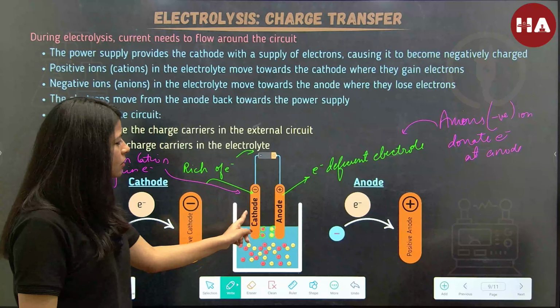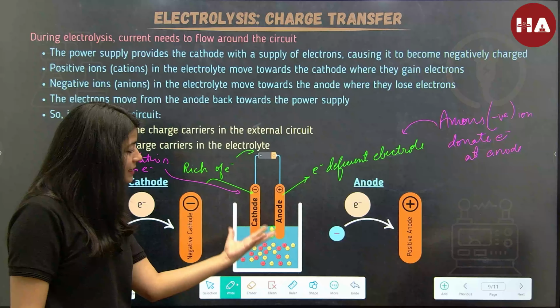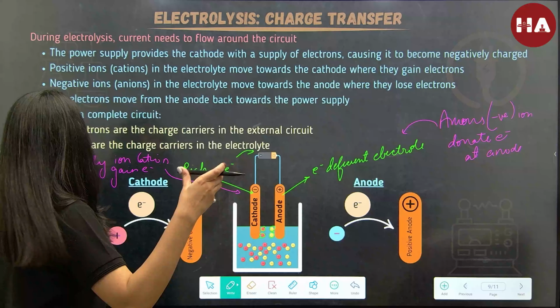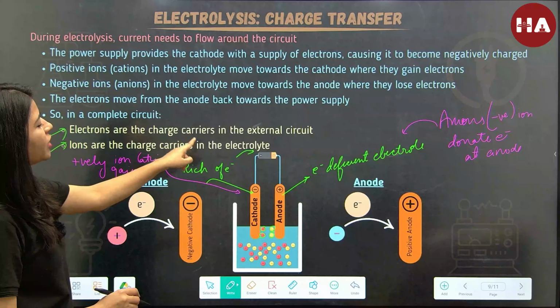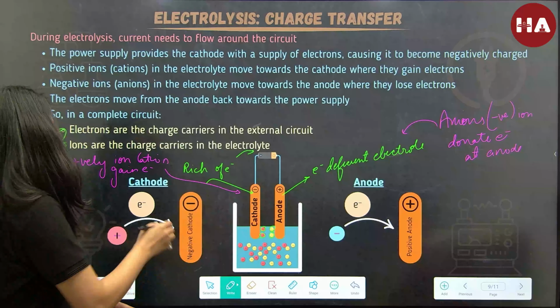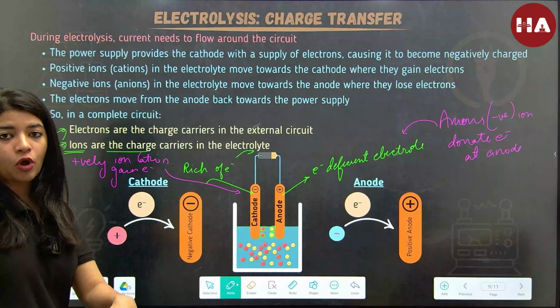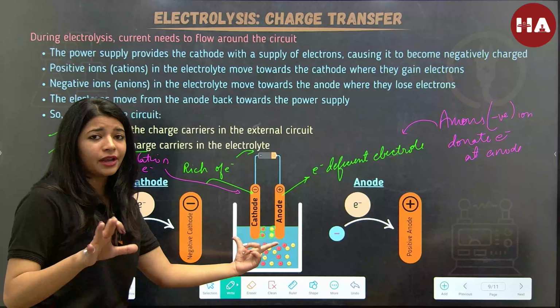Electrons are moving in this external circuit and the ions are moving inside this beaker or in the electrolyte. So these two points I want to read first. Electrons are the charge carriers in the external circuit, and ions are the charge carriers in the electrolyte. This is the electrolyte.